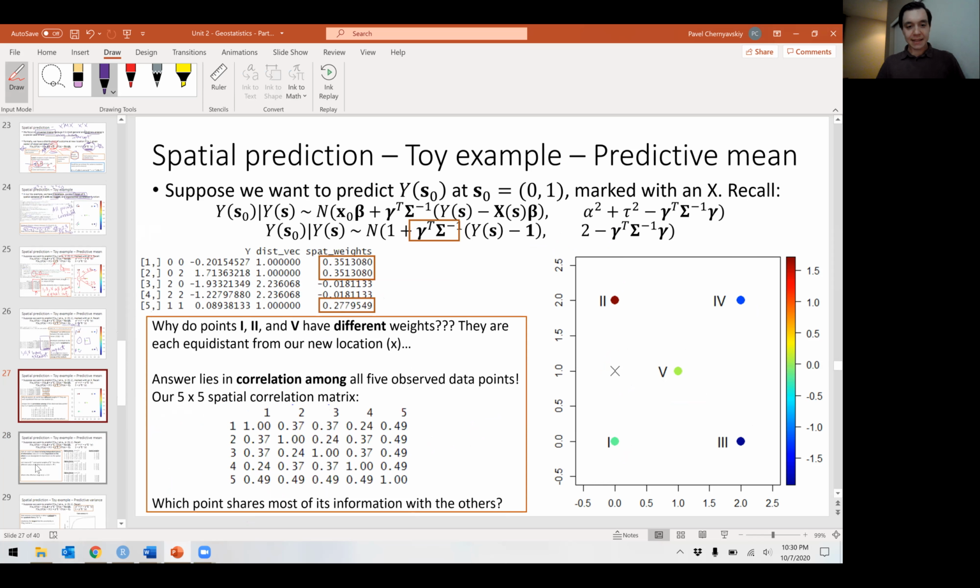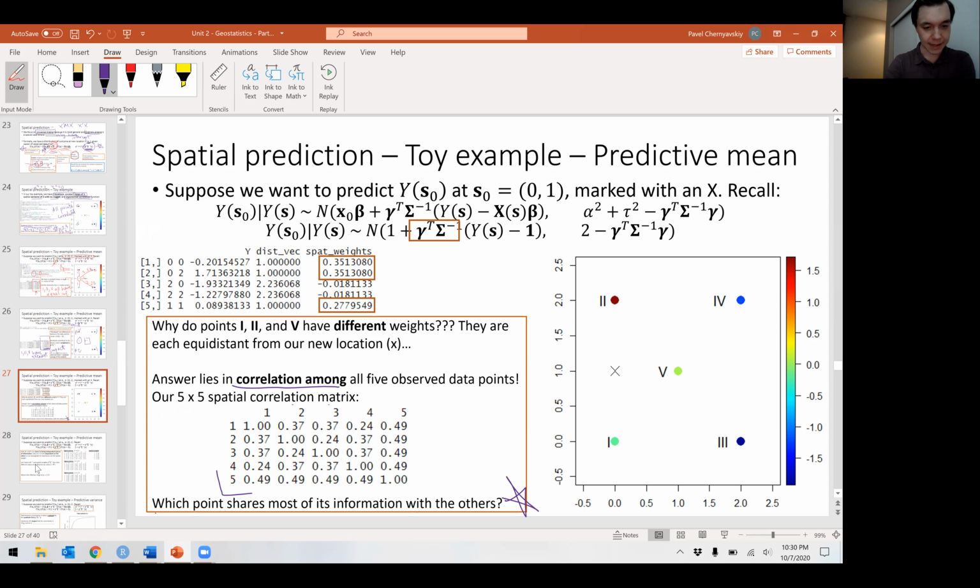Well, the answer lies in the correlation matrix among all 5 observed data points. You guys are no strangers to a correlation matrix. One's in the main diagonal. Off diagonals have the correlations between the 5 locations. So what point shares the most information with the other points?